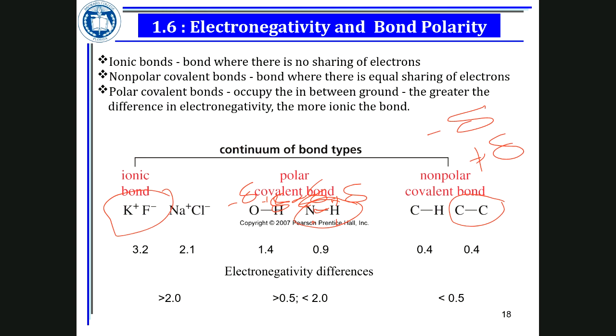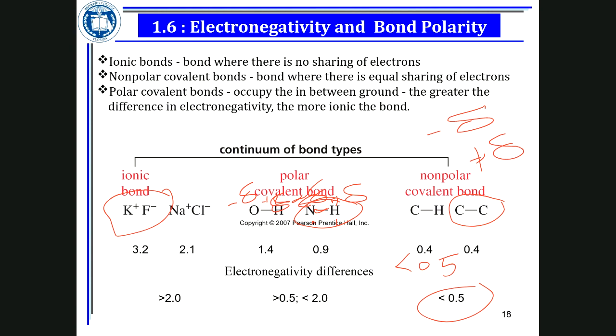But if you were given the electronegativity values, if the difference between the electronegativity of the two elements is less than 0.5, it's going to be non-polar.